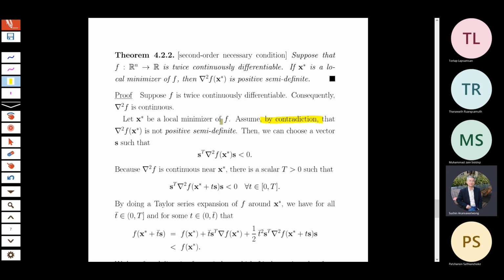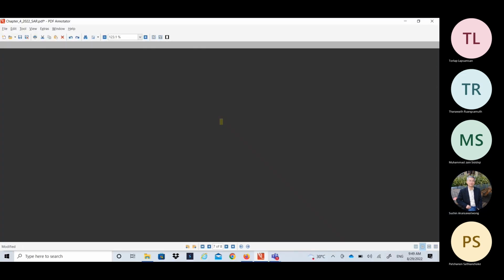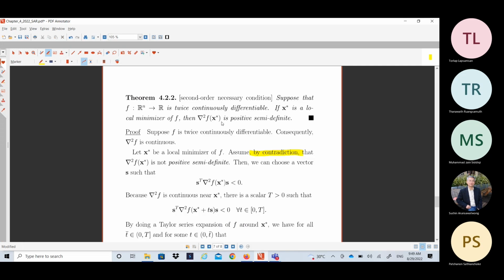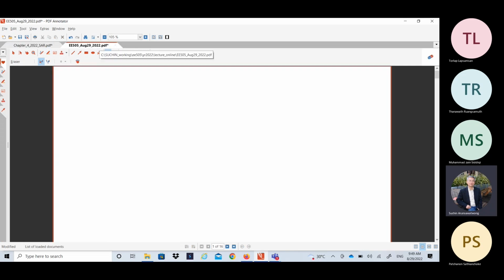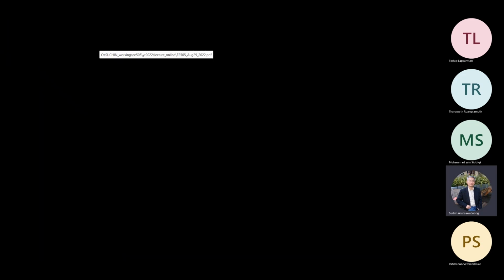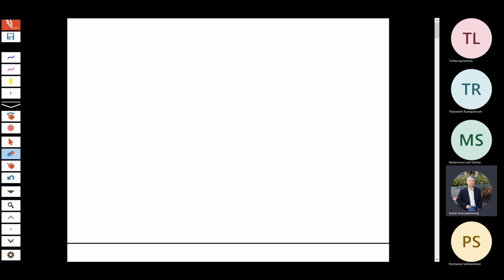Now you see, we have two statements, A and B. Statement A is: x star is a local minimizer of f.